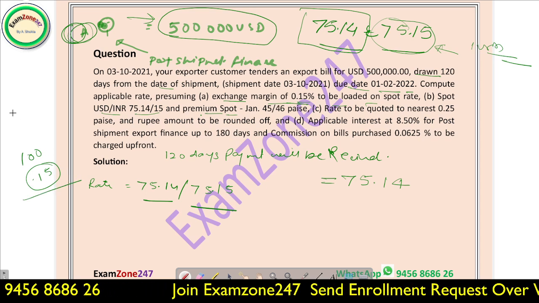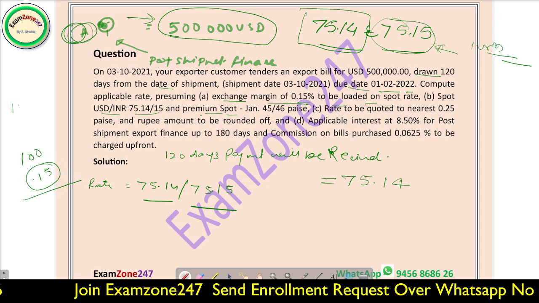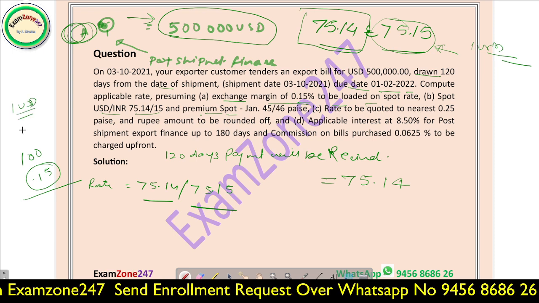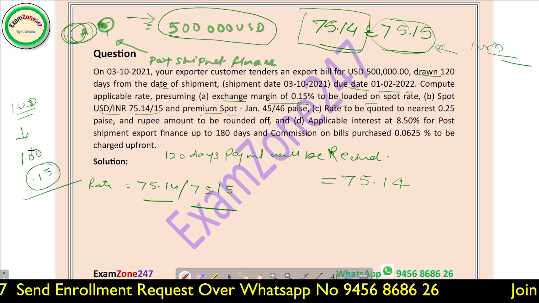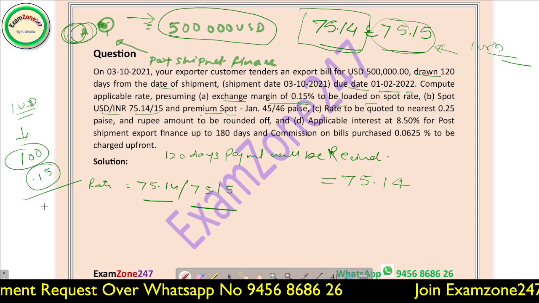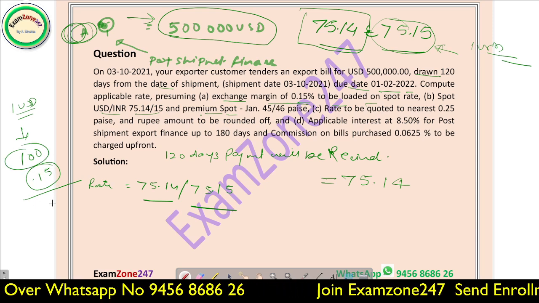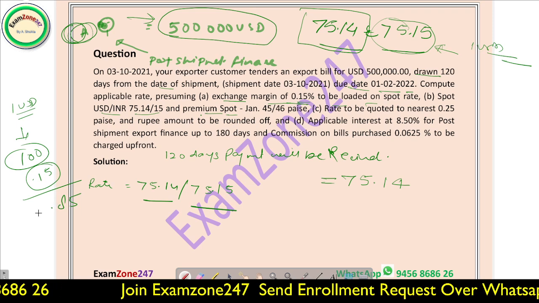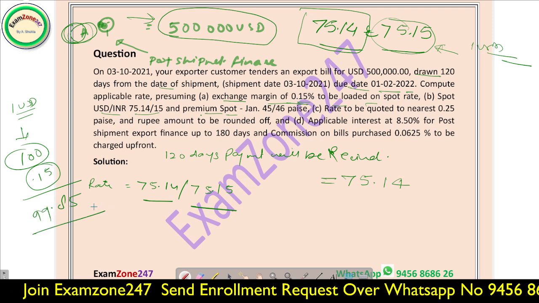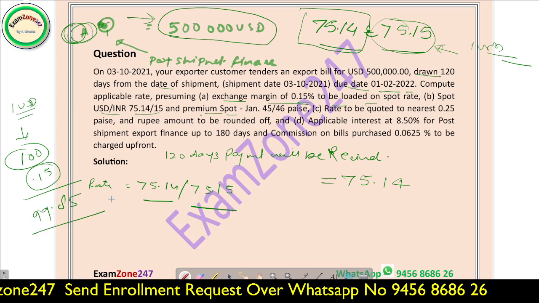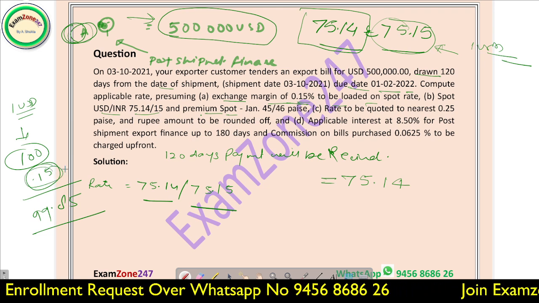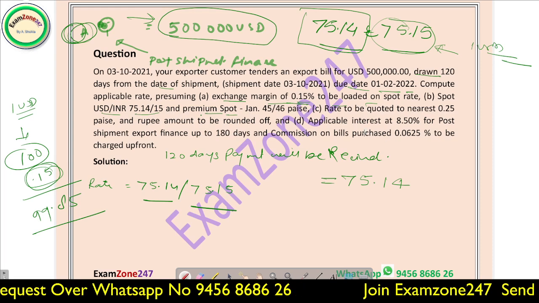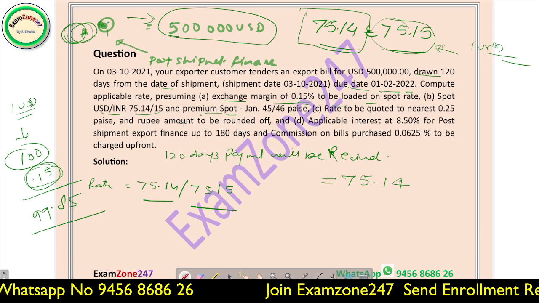If you give $1 and the rate is 100, the bank will not give you 100, the bank will give you 100 minus 0.15, this will be 99.85. But here it is 0.15% of the spot rate.